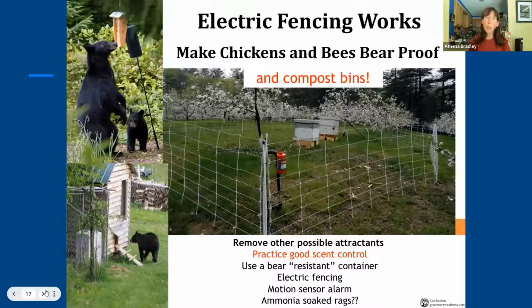Similarly with mosquitoes, if you have leachate coming out of your pile or in the ruts, if you've got a tractor that you're using, or even a wheelbarrow, make sure you fill those ruts up so that there's not standing water, and limit any moisture coming off of your pile. By turning the pile, make sure that the water is dispersed within your pile.